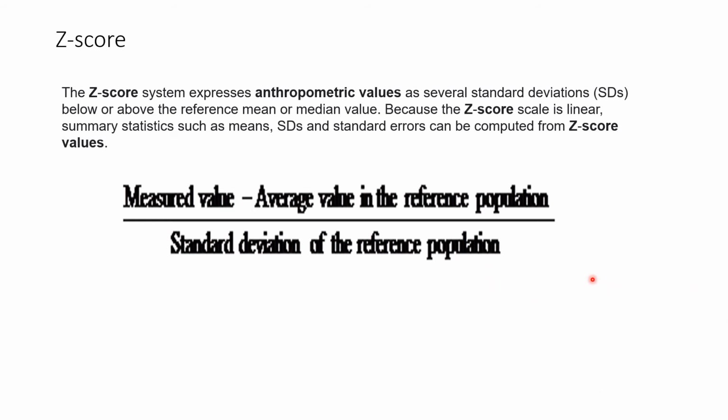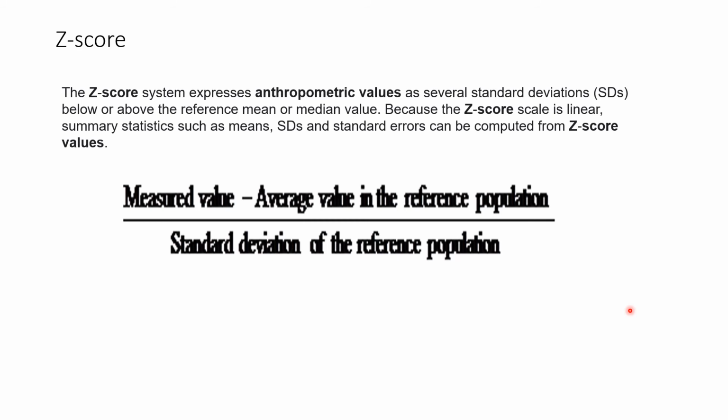After the standard values, +1, +2, +3. So we have to see if this is 2 months or 1 year; 1 year means 12 months. We have to see where the child's weight falls, whether in the -1, -2, -3 or +1, +2, +3. Like that, we have to see and assess the nutritional status of the child.